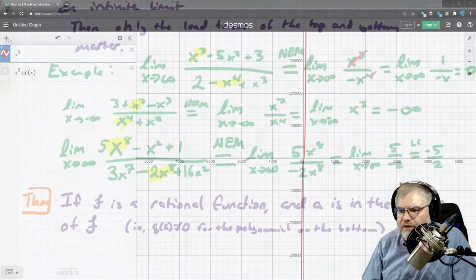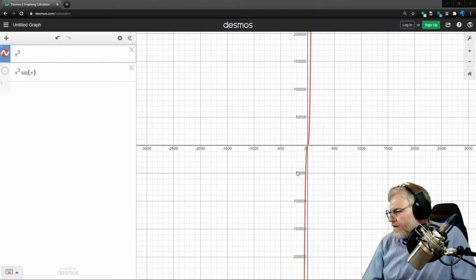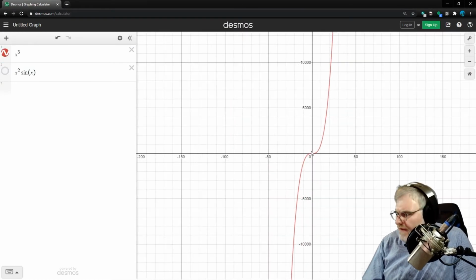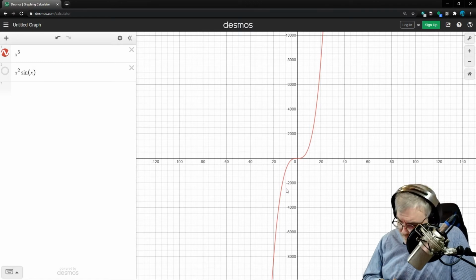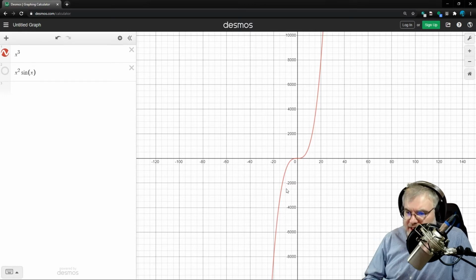We can go over it. So here's what x cubed looks like. Remember, it kind of does this thing where it just kind of goes down. As it goes to negative infinity, it just heads for the basement. Does that answer your question? Right. My x is heading to negative infinity. Therefore, my y goes to negative infinity for x cubed. Good question.